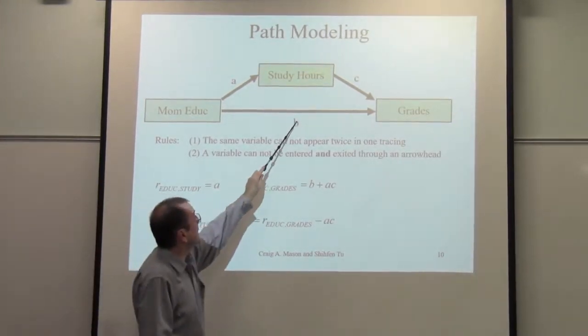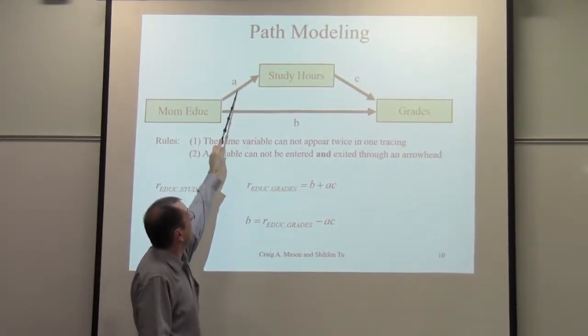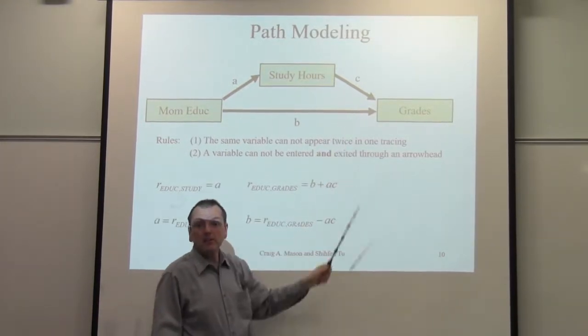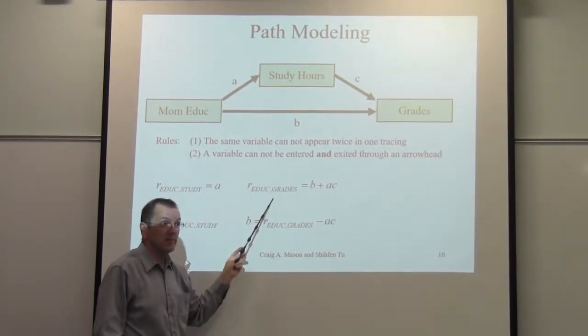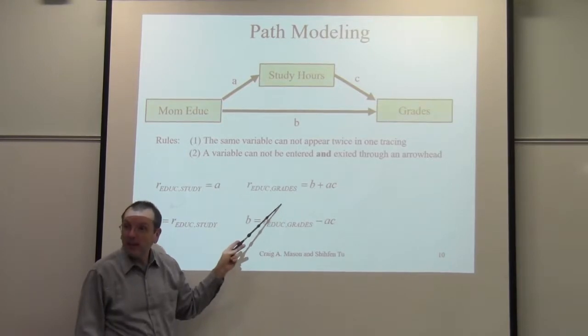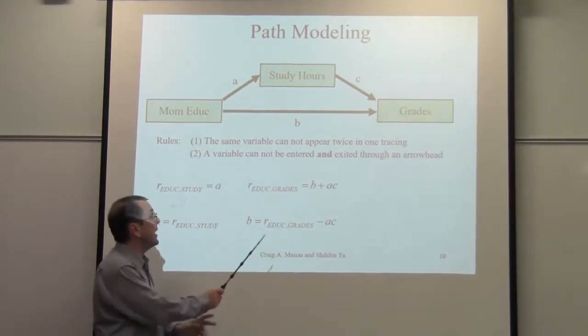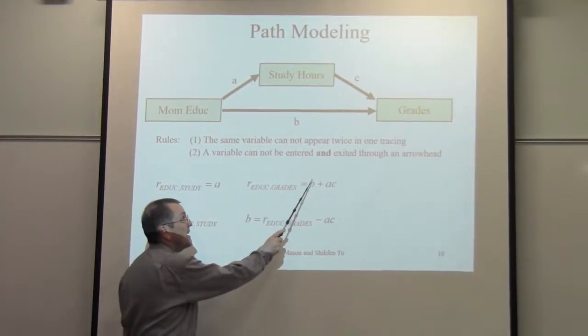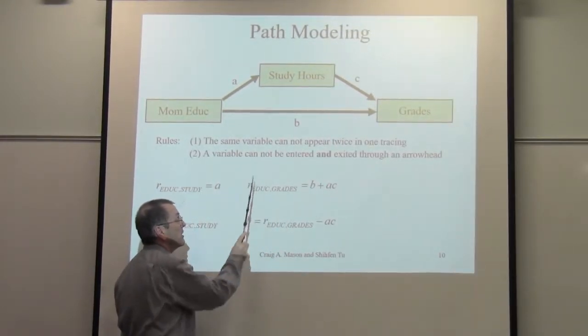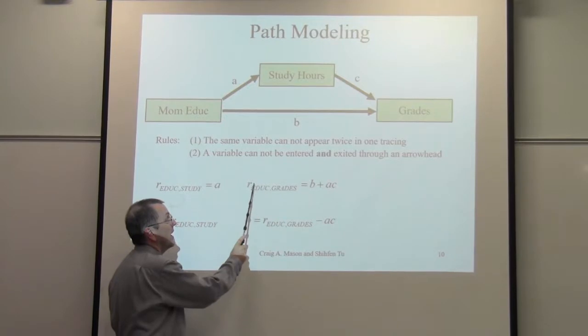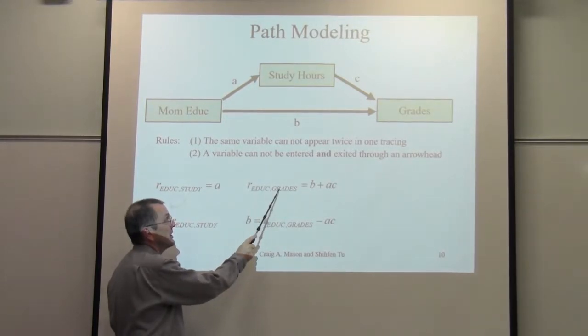So it would be B plus A times C is going to be equal to the correlation. So you see some ugly math in the future for us to solve these. But we see the correlation again, B plus A times C is equal to the correlation of education and grades.